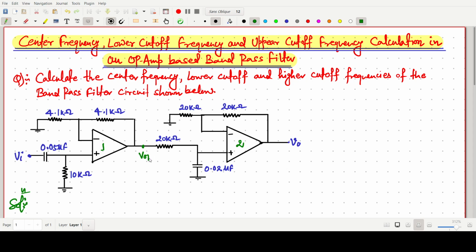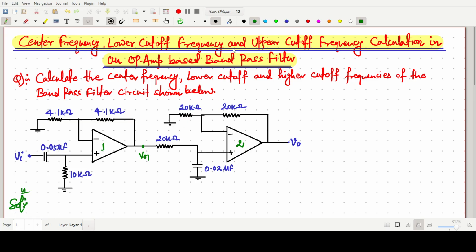So we have to find the overall output voltage, that is our V naught, and we have to find the value of the center frequency and the lower and higher cutoff frequencies.